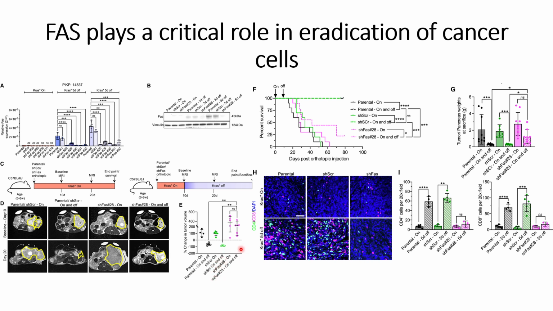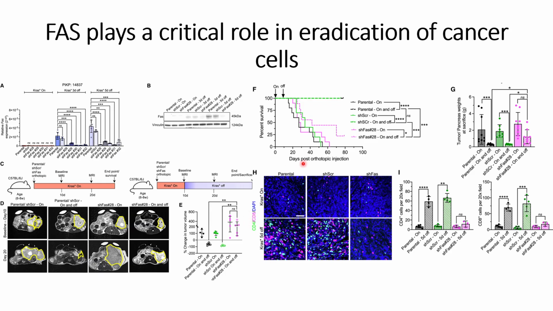Whereas in the last case, the short hairpin FAS receptors continue to suppress the FAS receptors, but the KRAS mutations are off. So in that case, only one factor plays a role. That's why the change in volume is slightly lower than the second last case, but it is not statistically significant. So it indicates that the FAS receptors play an important role in the eradication of the pancreatic cancer cells.